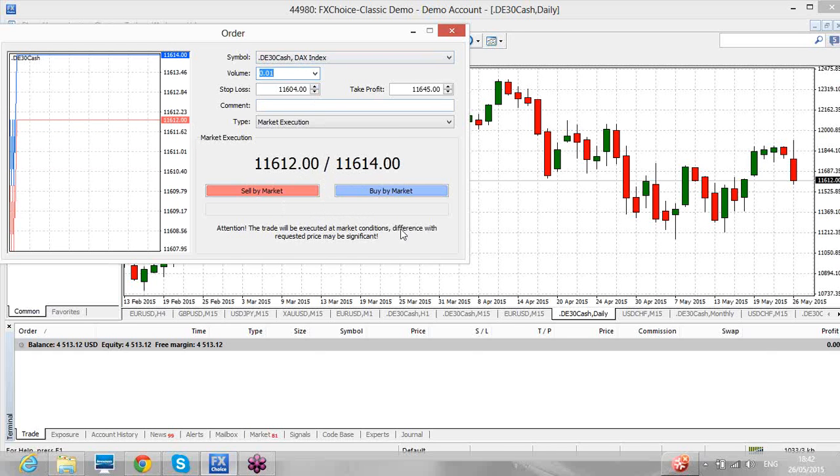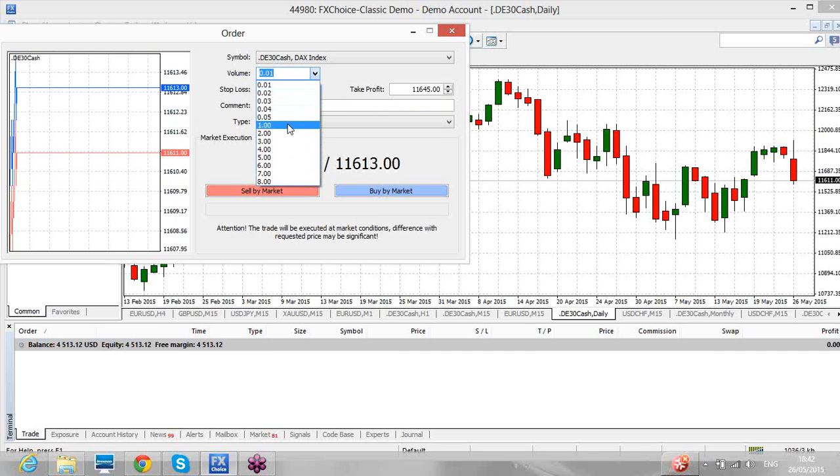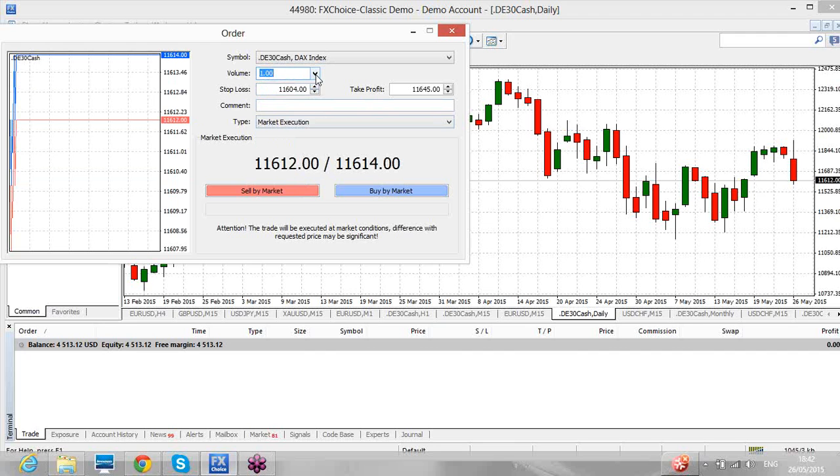But I can't stress enough the importance of getting your volume right here. So just be fully aware of the amounts you are trading before you start, because you do not want to be looking to trade at €2.50 and all of a sudden you're in a €25 per point trade. Maybe you do want to trade €25 per point, and that's okay if your account size can handle that kind of volume.